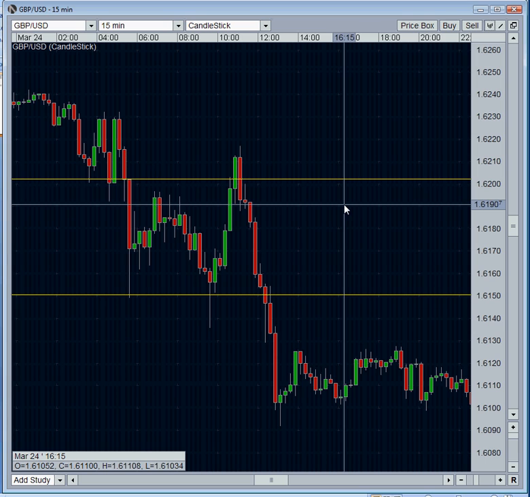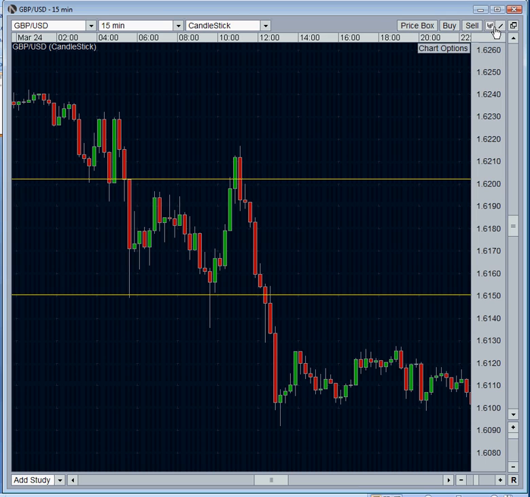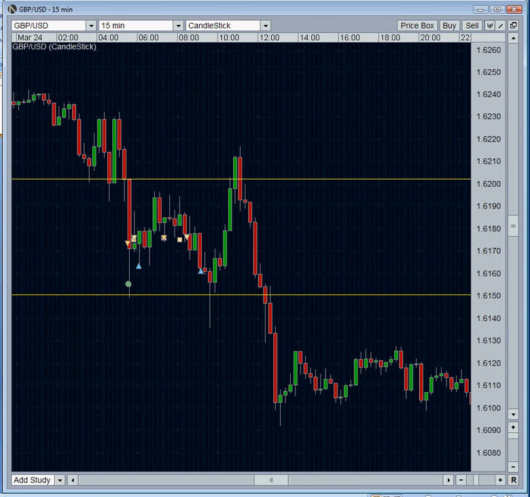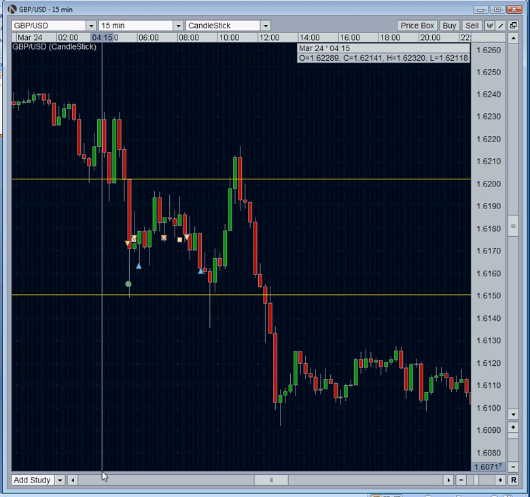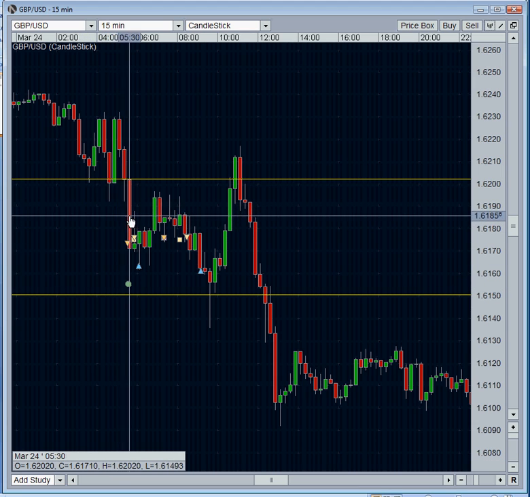But if I'm going to fade for some reason, if let's say I feel that a move is overdone, my best probability fade is always going to be against the 00 level or the 50 level. Hopefully you guys can understand that a little bit more, but let me show you specifically what happened here. These are my trades two days ago, pound dollar against the very weak UK retail sales.